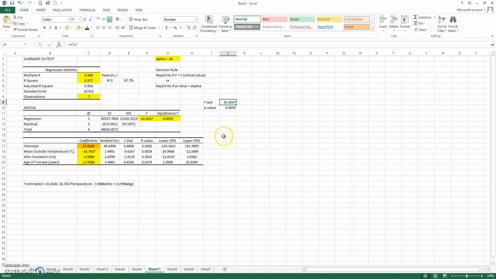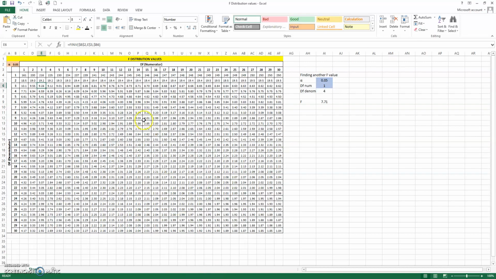The critical value for multiple linear regression has k and n minus k minus 1 degrees of freedom in the denominator. So let's go to the F distribution chart. We're looking at the 5% level. It has 3 degrees of freedom in the numerator because the degrees of freedom for the numerator is k.